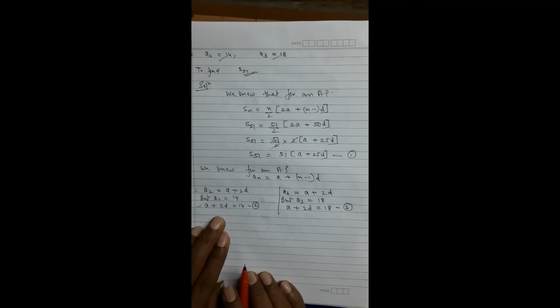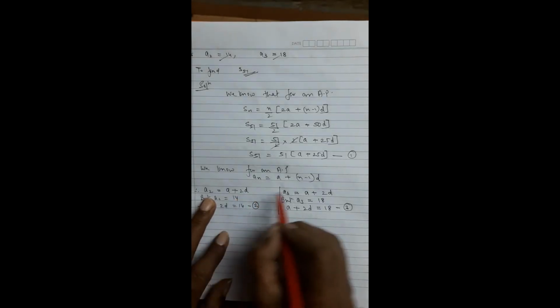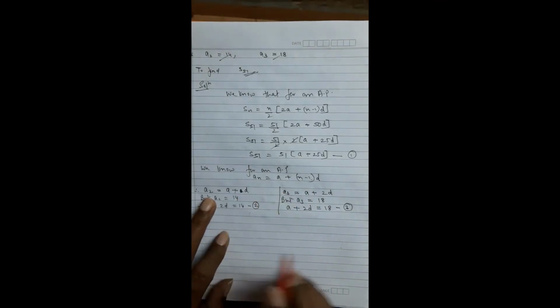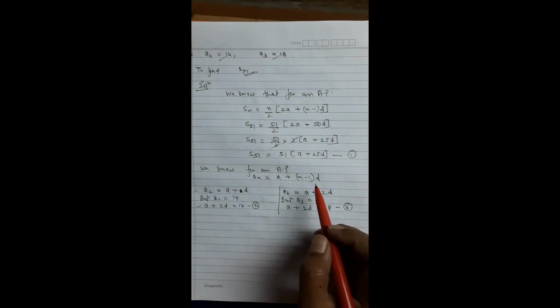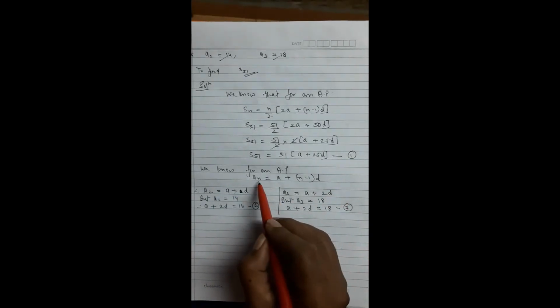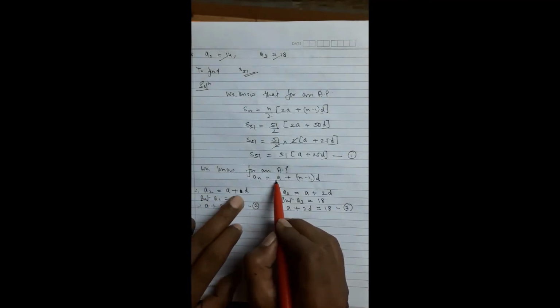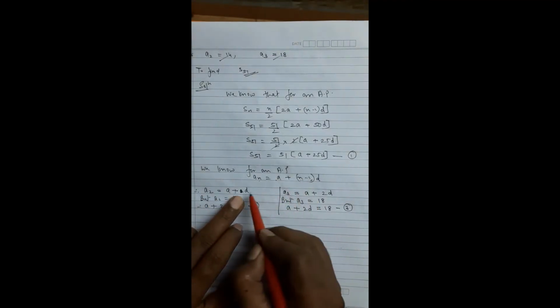Now, just give it a try. How will 2d come in both? Sorry, a plus d. A2 is equal to a plus 2 minus 1, 1d.